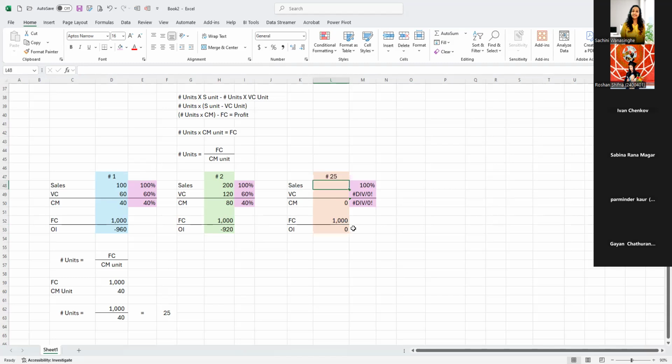So if I sell 25 units, how much will be my sales? 2,500. That will be equal to $100 times 25 units, correct? 2,500. Right there. Can you see it? Yes, sir.